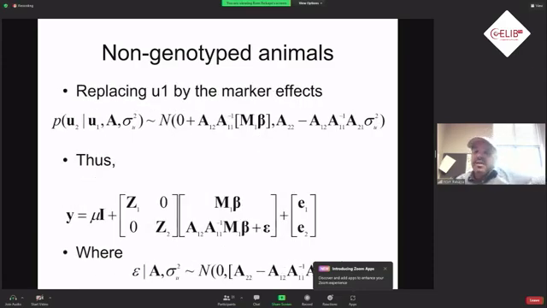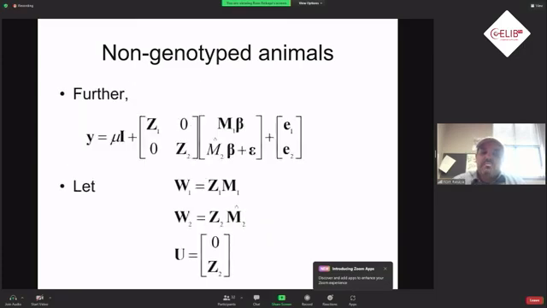And as you can see here, in this matrix notation, this quantity A12 times A11 inverse, and these are all elements either of the relationship matrix itself or the inverse of the relationship matrix, times the genotypes on the typed animals. And then I have again a system that is reasonable to implement and is efficient somehow to infer the genotypes for non-typed individuals. And this is the system of equations you will be dealing with.